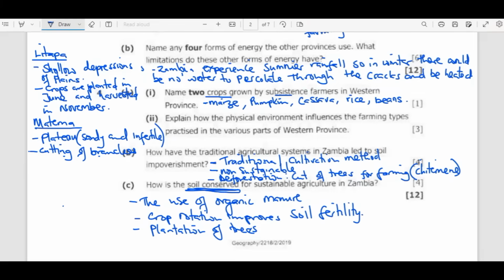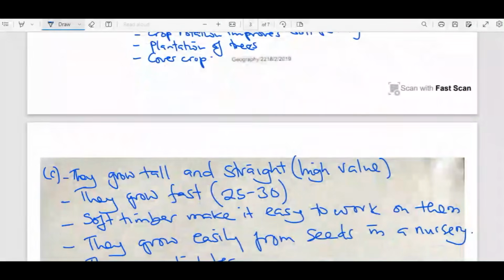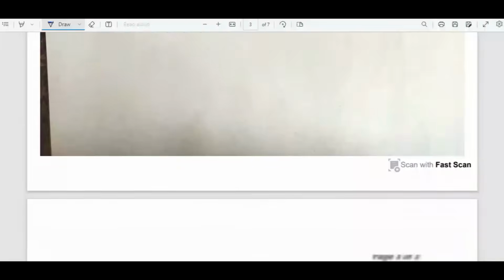And then we can give another example so that soil can be improved, which is cover crop. So these are methods which can be used in order to conserve soil. We can move to the next question.